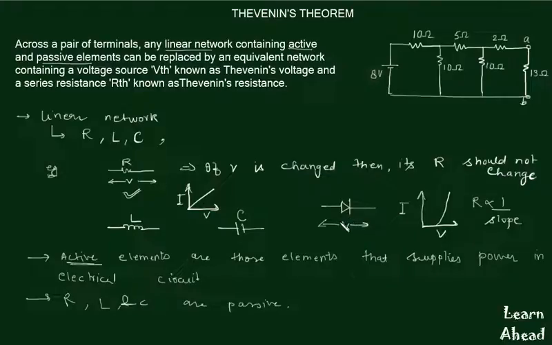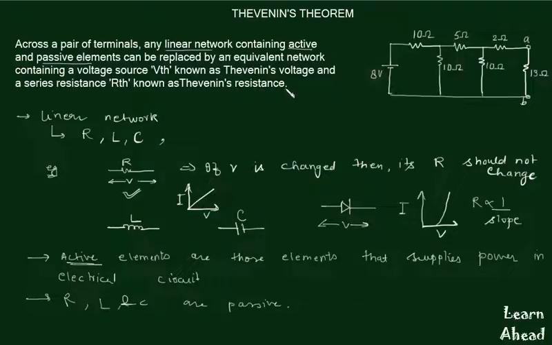Now let's come to the formal statement of the Thevenin's theorem. It states that across a pair of terminals, any linear network containing active and passive elements can be replaced by an equivalent network containing a voltage source VTH, which is known as Thevenin's voltage, and a series resistance RTH, which is known as Thevenin's resistance.